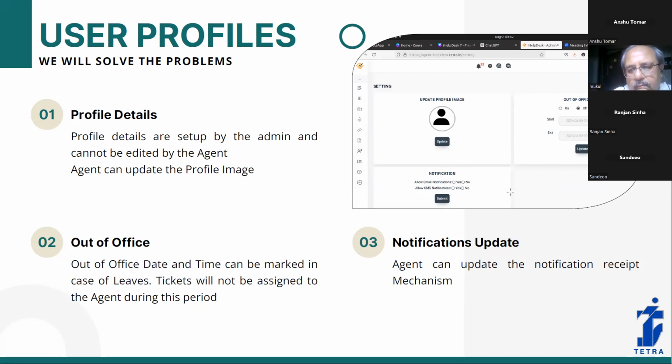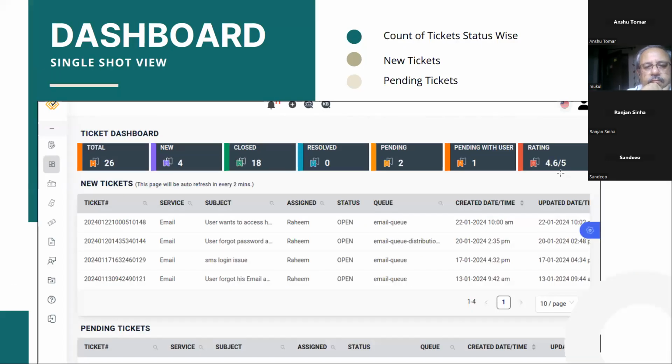Here, if any agent is out of office, the time period is there. It's a 24-hour system, but if the office is 9 to 6 and they are going out, they can mark out of office, and the ticket will be routed to another agent. This is the round robin concept of ticket routing.